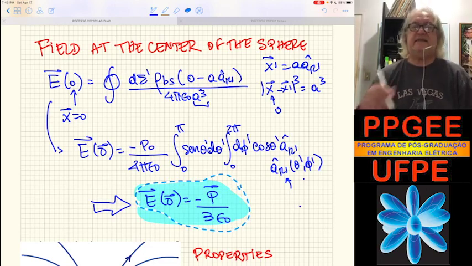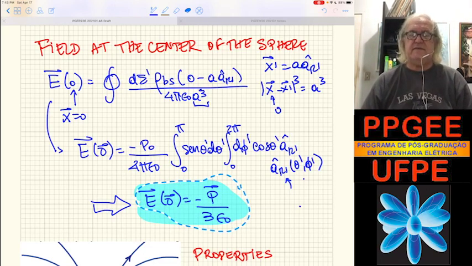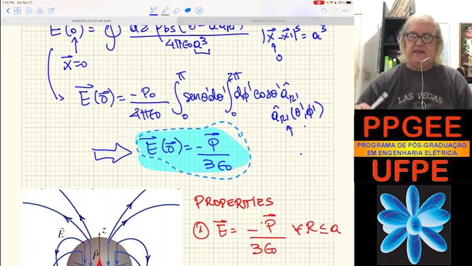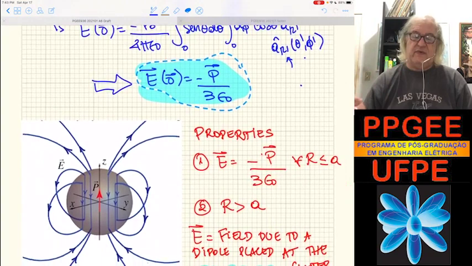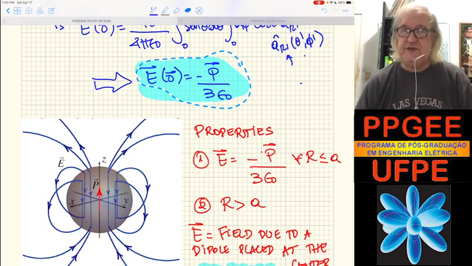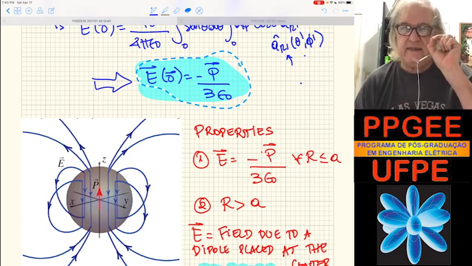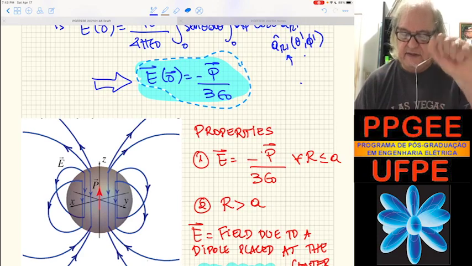So the field at the center is directed downwards, and this minus P divided by 3 epsilon 0 is a very, very well-known result. We are not going to calculate that in general. We're just calculating that in the origin, right? In a couple of lectures, you're going to be able to calculate this in any place inside or outside of the sphere.